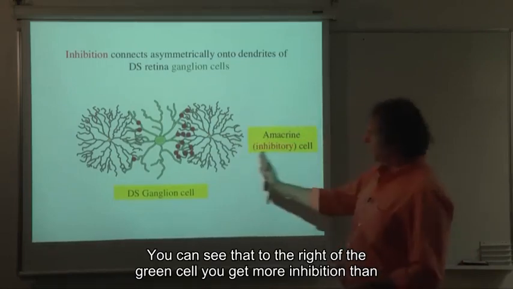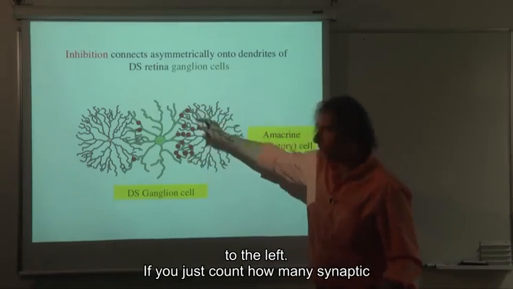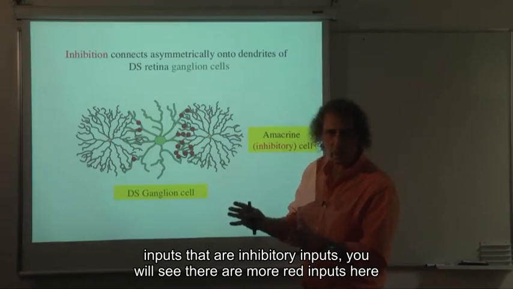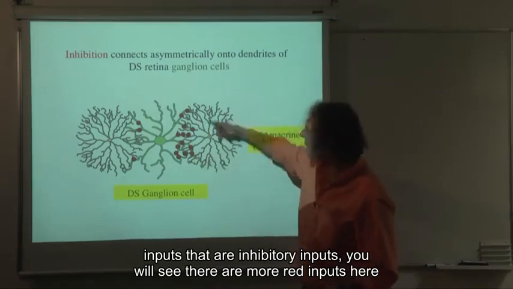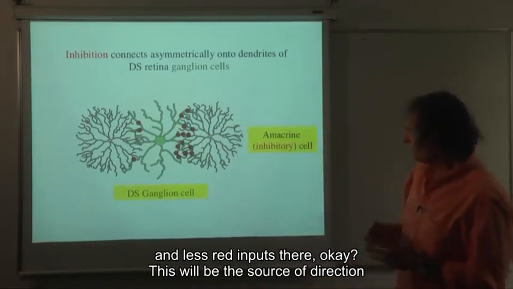You can see that to the right of the green cell, you get more inhibition than to the left. If you just count how many synaptic inputs there are, inhibitory inputs, you see there are more red inputs here and less red inputs there. Okay?